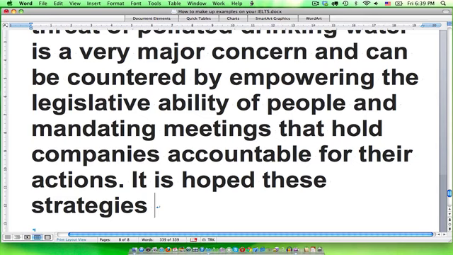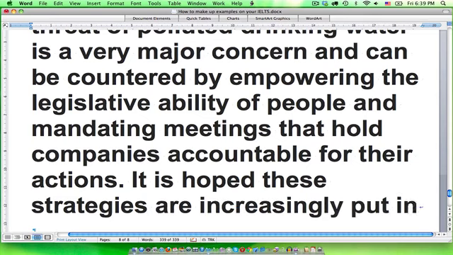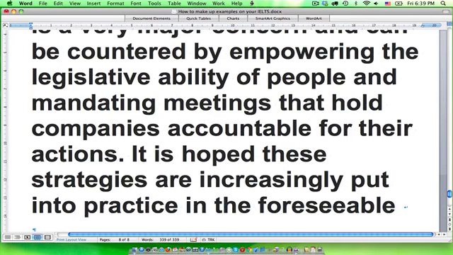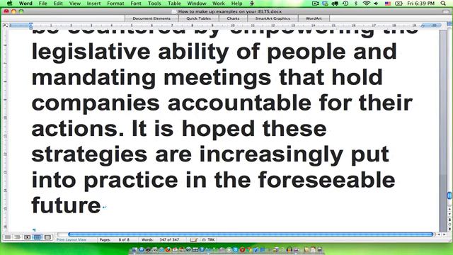It is hoped these strategies are increasingly put into practice in the foreseeable future, which is a word I like very much when closing an essay.